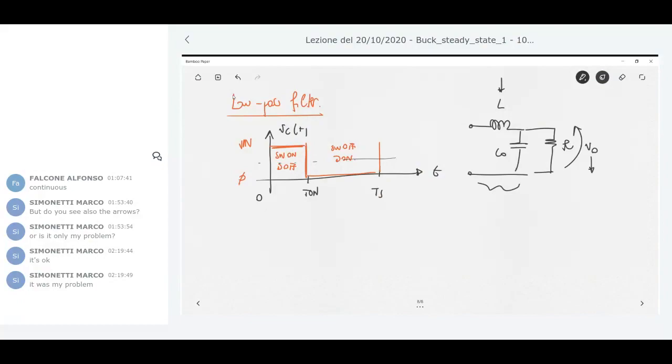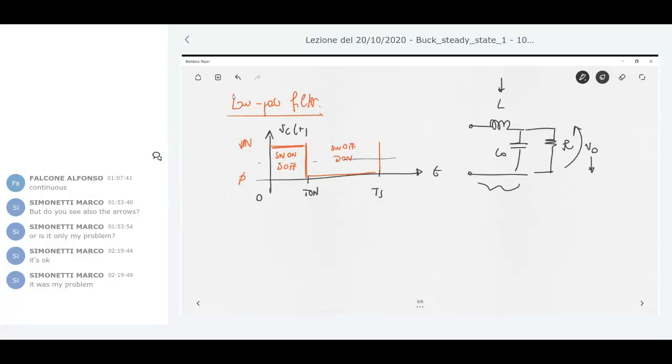There is a certain attenuation that can be large. In a second order filter, for sure, it can be larger than for a first order low pass filter. But anyway, you can have a residual of the AC behavior of the input rectangular wave.